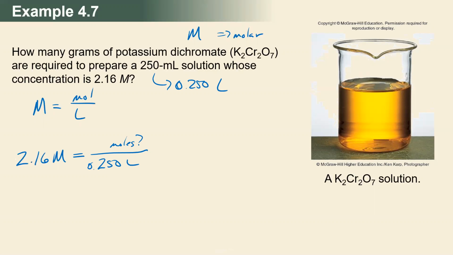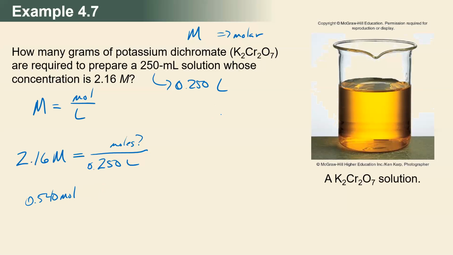So we need to figure out the moles. Once we know moles, we can go to grams. So I'm going to multiply both sides by 0.25. And I get 0.54 moles is how much I need.